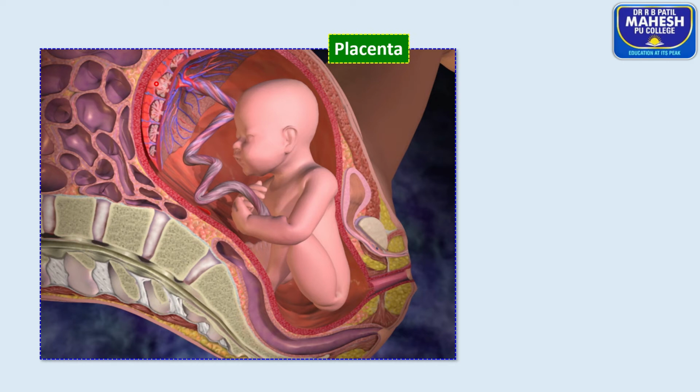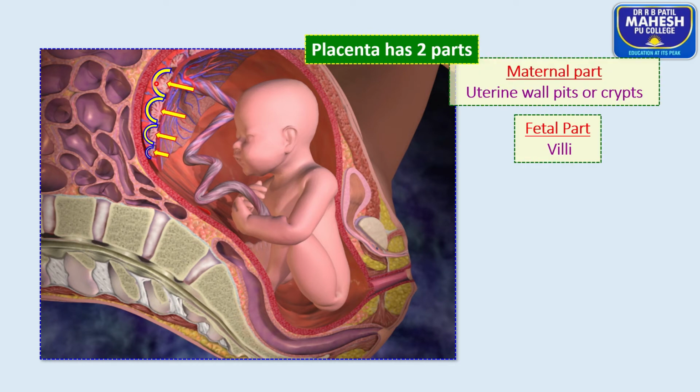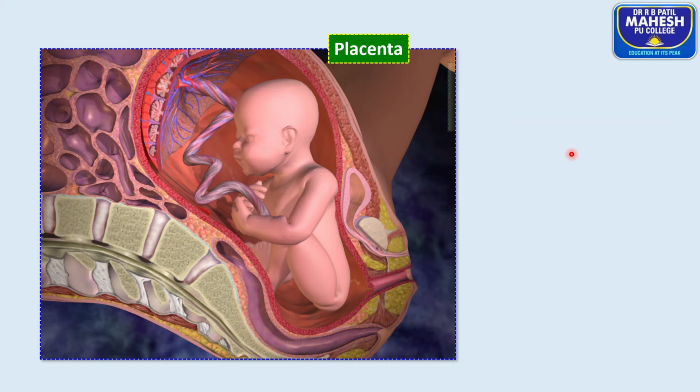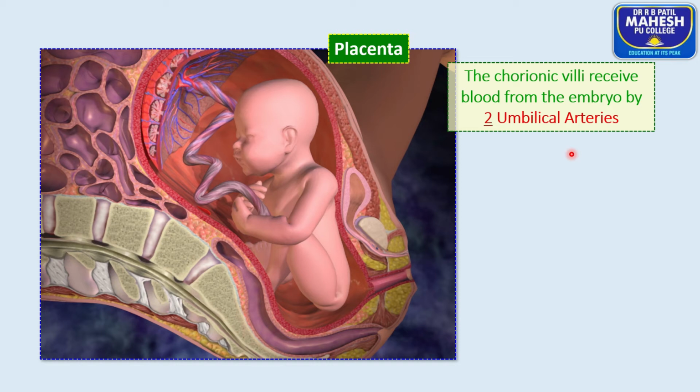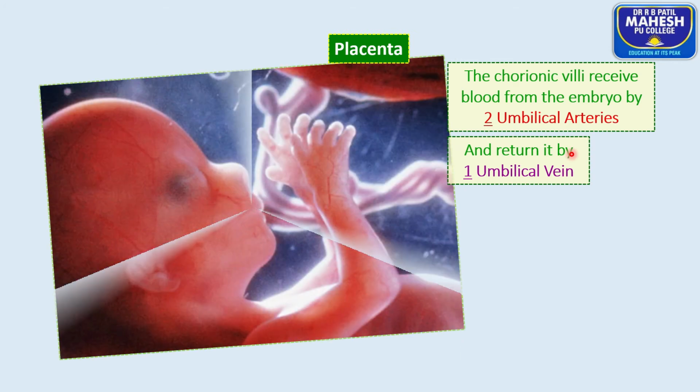The fetal part has finger-like projections, and those are called villi. Lastly, the chorionic villi receive the blood from the embryo by 2 umbilical arteries and return it by 1 umbilical vein.